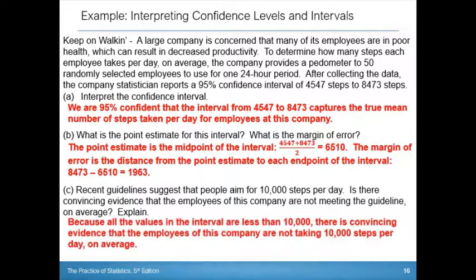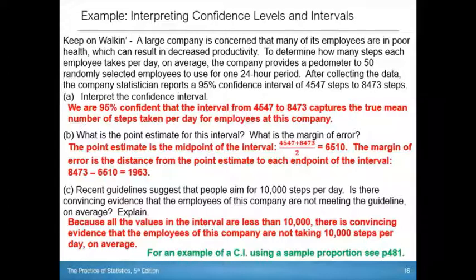Because all the values in the interval are less than 10,000, there is convincing evidence that the employees are not reaching their 10,000 goal, because that value of 10,000 is not contained within the confidence interval, which again gives us a range of plausible values for the parameter we're trying to estimate.